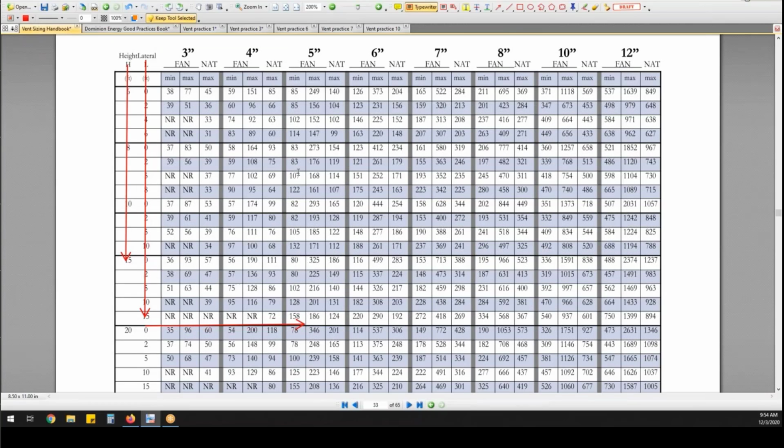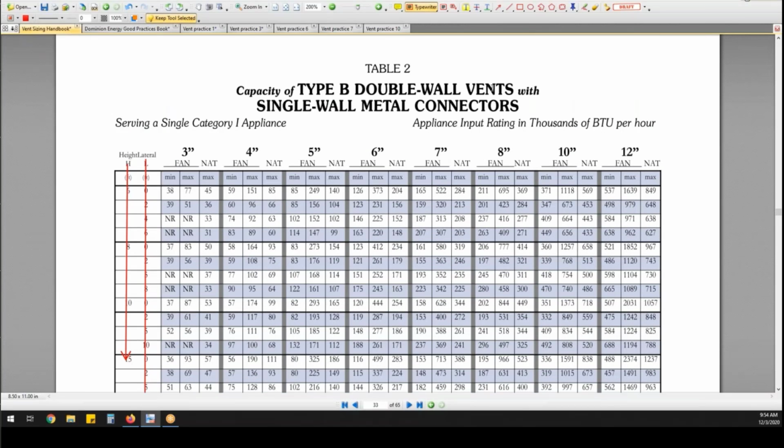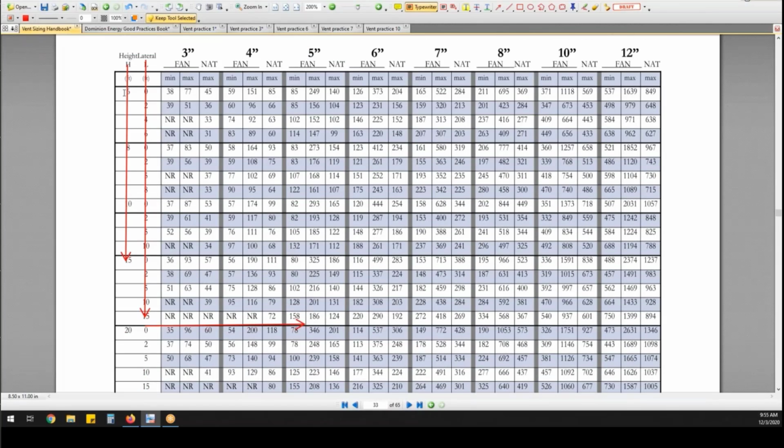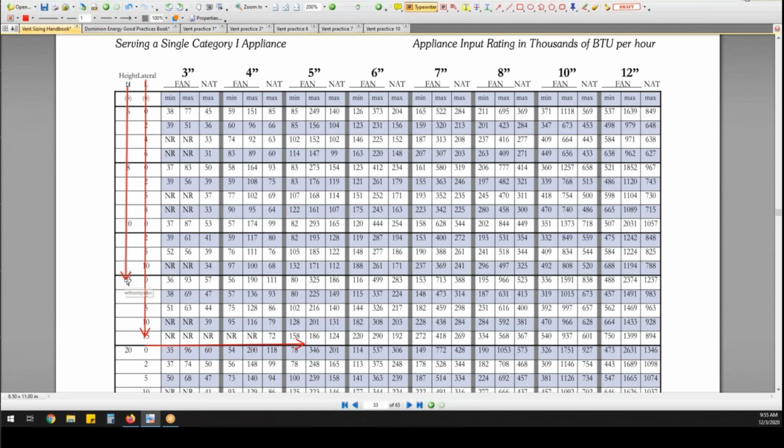All right, so here is the type B double wall vent. So our main stack will always be double wall. And we want to see if we can try to use single wall connectors in order to save money. Again, we're serving a single appliance. So I go to my height column. We're going to run down the height column.